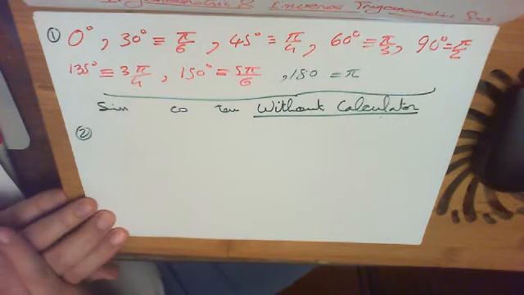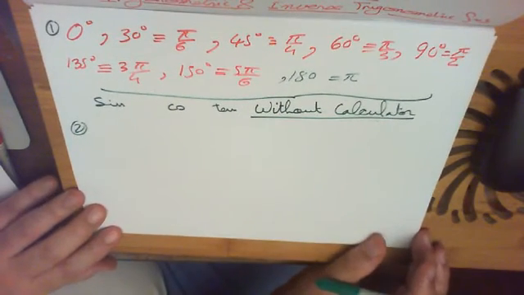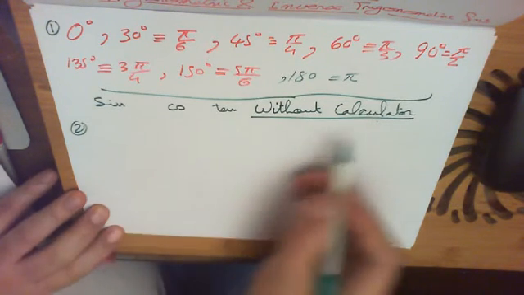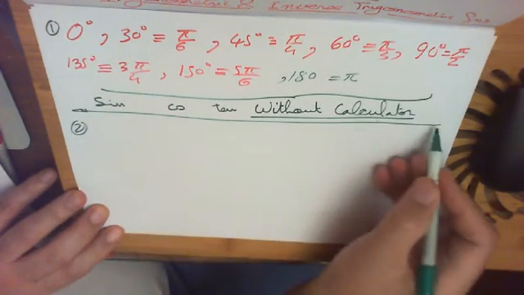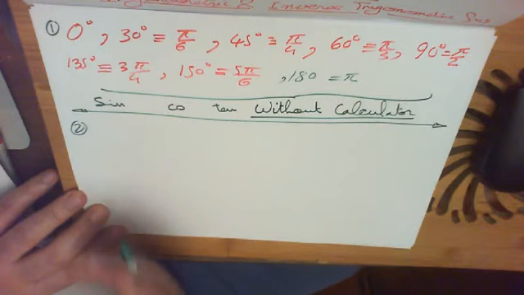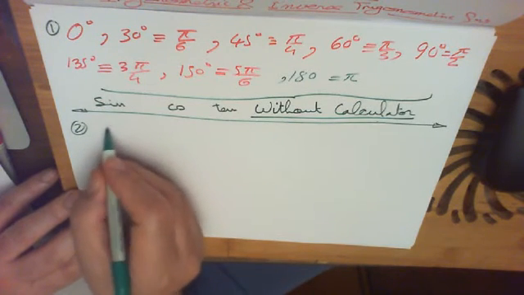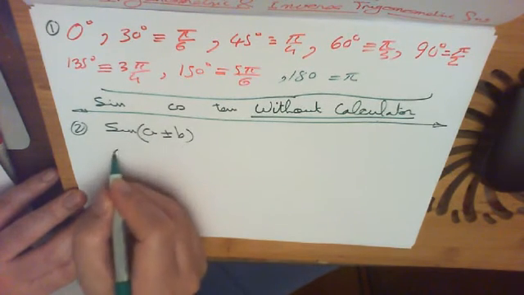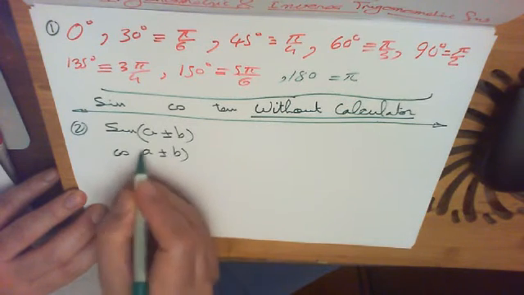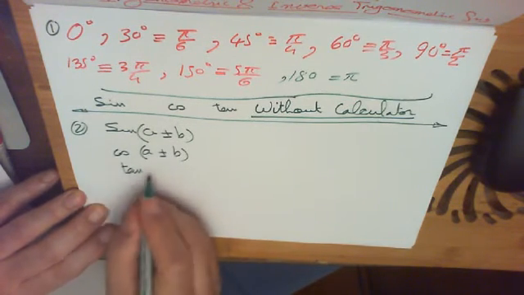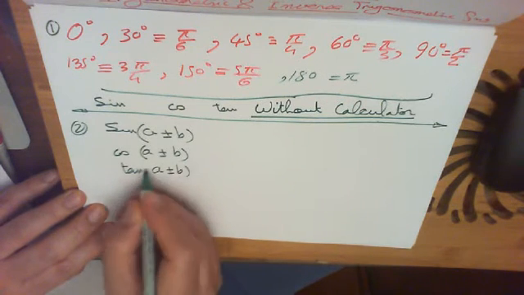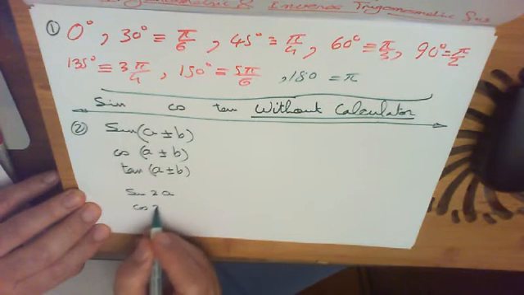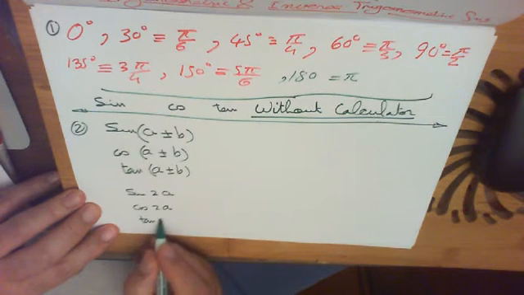Second thing, you must also be extremely acquainted with the important relations of the trigonometric functions, which we studied before either in secondary school or in MATH01, which are the sine of the sum or difference of two angles, the cosine of the sum or difference of two angles, the tan of the sum or difference of two angles, the sine of twice an angle, the cosine of twice an angle, the tan of twice an angle.